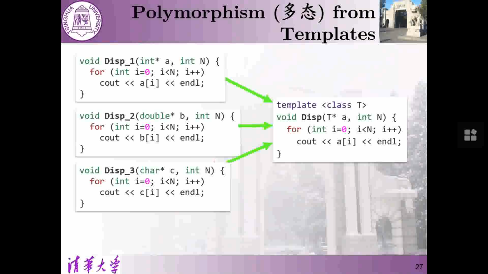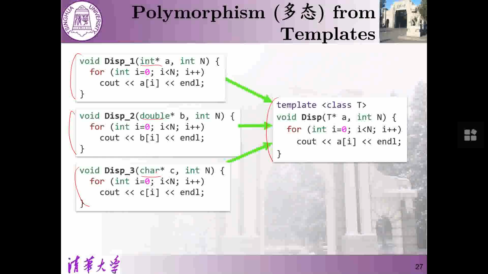And this slide shows that template actually provides some kind of polymorphism, that is compile time polymorphism. So this is template. After compilation, we have this version, this version, this version, if we have corresponding function calls.